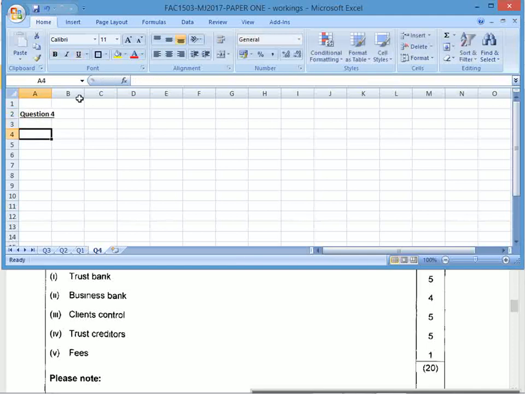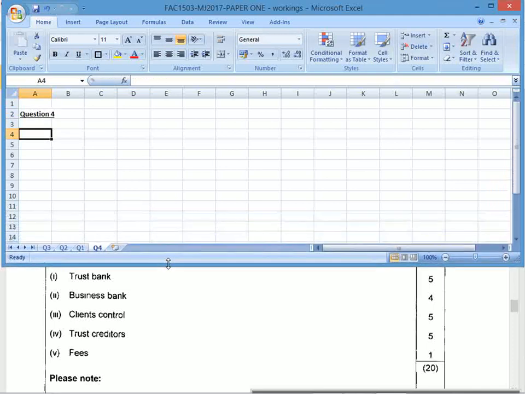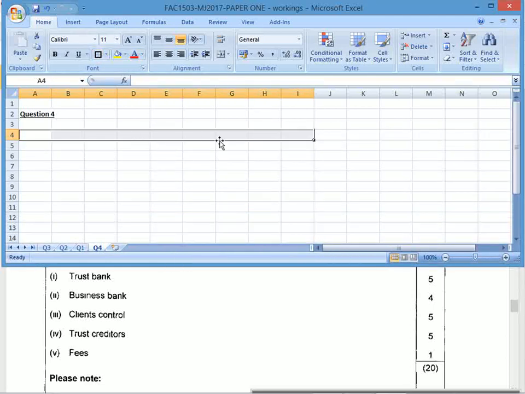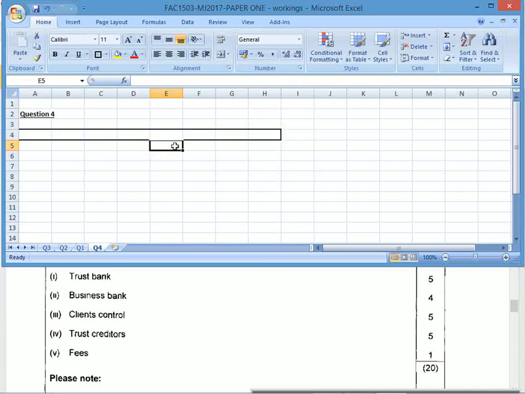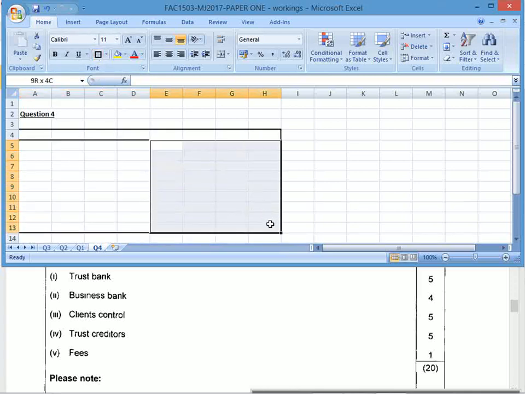Question 4, new page, drawing up T accounts for all of them. One, two, three, 4. Okay, so there's a T account, there's a T account.